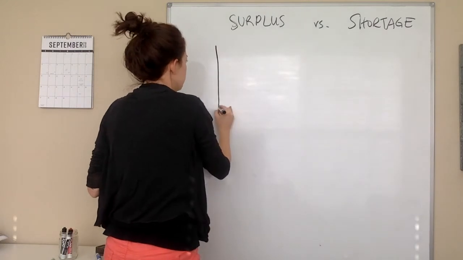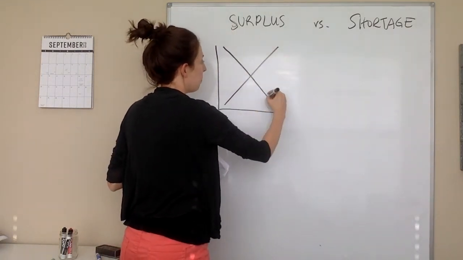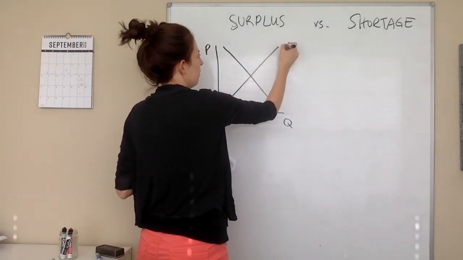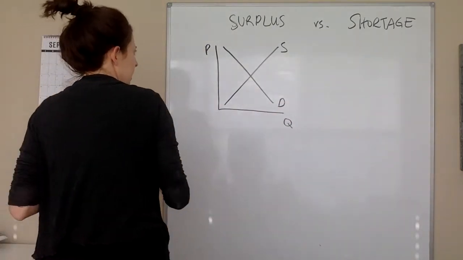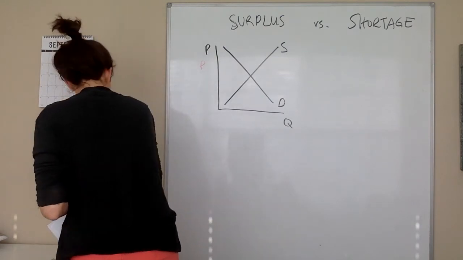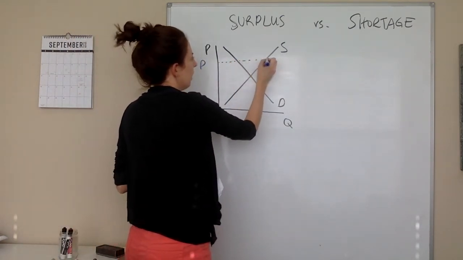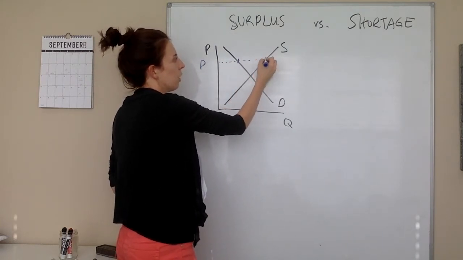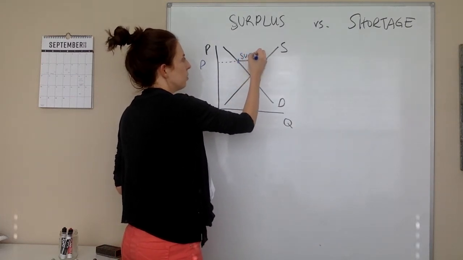Okay, surpluses only occur when the market price is above the equilibrium level. So if we have this going on and the price is too high, maybe the price is up here, then at that high price level, the difference between the quantity supplied and the quantity demanded is going to be the amount of the surplus.